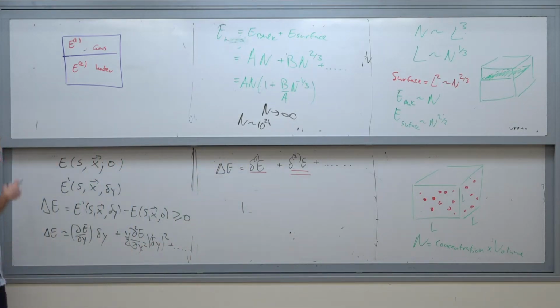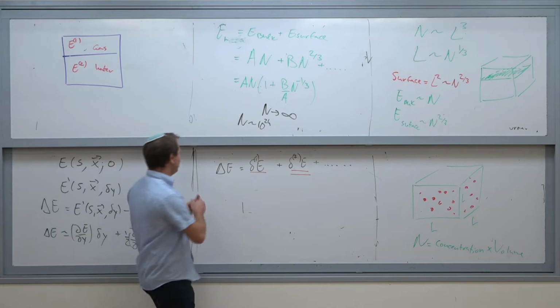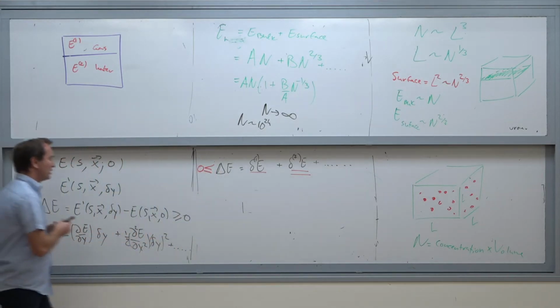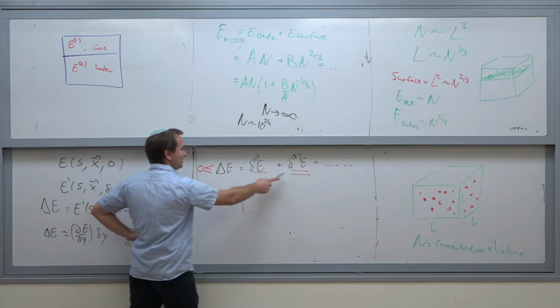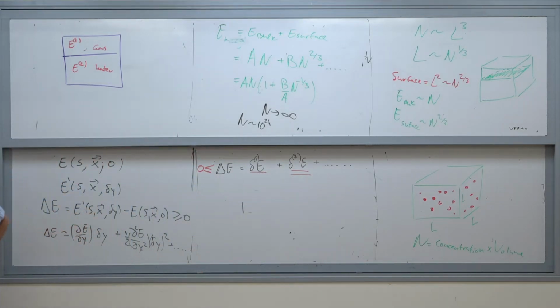The same can be applied to further variations, but we will see that since delta E is greater than 0, exploring the first variation and the second variation is sufficient for us to obtain some conditions about equilibrium.